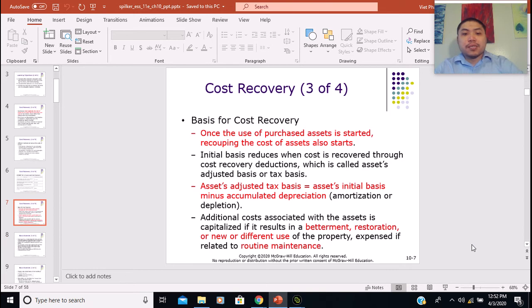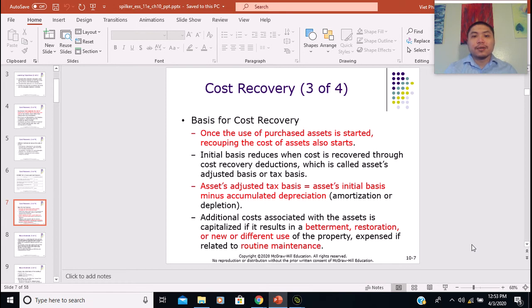Before we go deep into the depreciation method, let's talk about the basis of assets. As you probably already learned in financial accounting, to be able to depreciate an asset, we have to know the basis of the asset. The basis is pretty much the amount that you invested to acquire the asset, the initial acquisition.